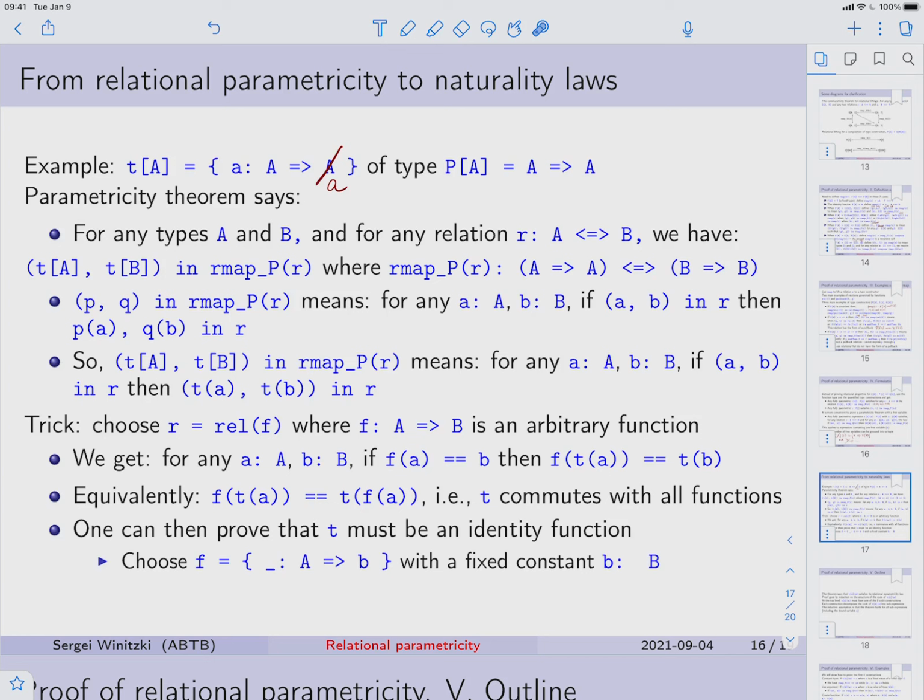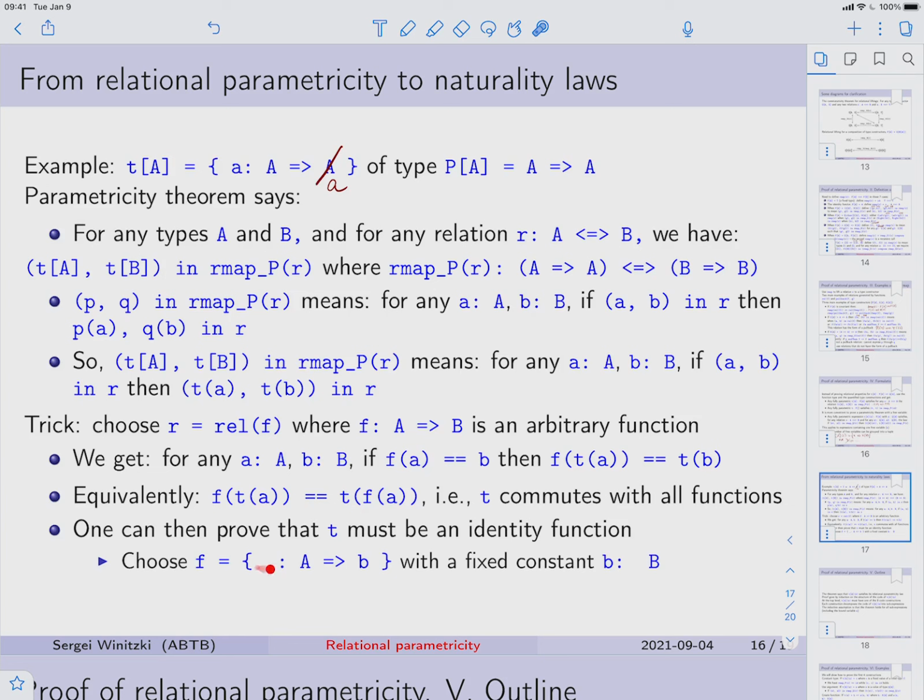So the parametricity theorem says any code which is fully parametric with this type signature will satisfy this relational law, and then we just specify that law for a relation which is obtained from a function, and we get a function as a result of the law, and that is easy to use. And then we can prove that t must be an identity function. So any function with this type signature must be an identity function because it must commute with any function f.